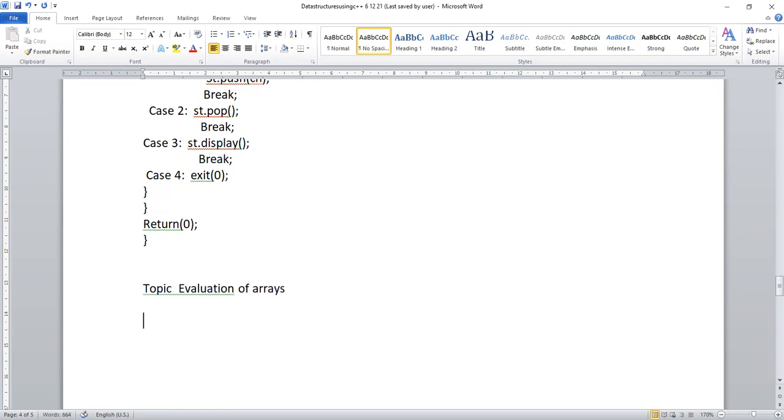Evolution of arrays. So what are infix, prefix, postfix notations? Okay. So this is the question. What are the infix, prefix, and postfix notations?